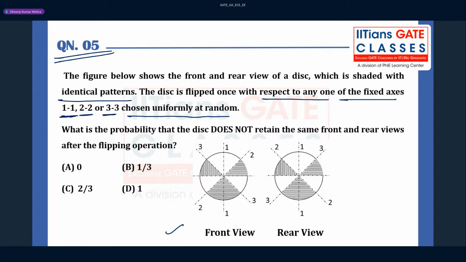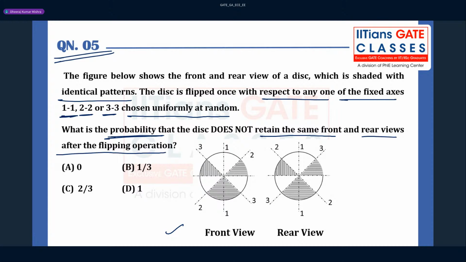What is the probability that... this is basically a question from probability, right? So you don't have to be confused here, you have to apply the definition of probability. What is the probability that the disk does not retain the same front and rear views after the flipping operation?